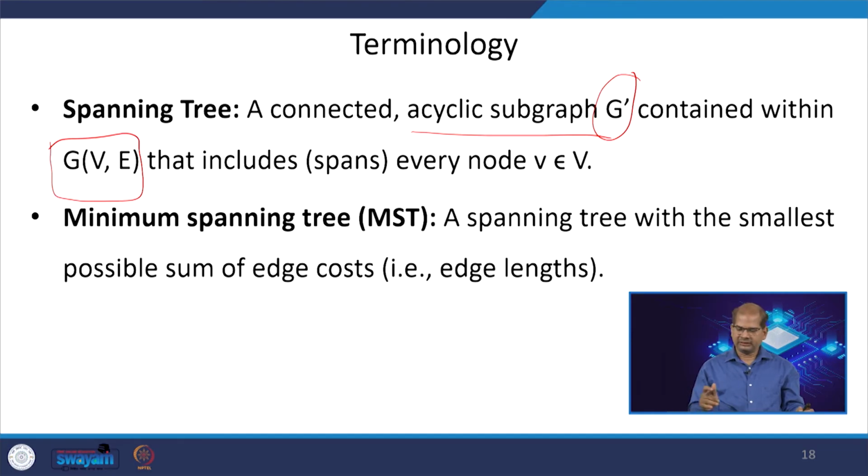It is a subgraph of a graph G(V, E) such that it spans every node v belonging to V. And what is the minimum spanning tree? A minimum spanning tree is one where, if you take the sum of all the edges, the total edge cost is minimum.